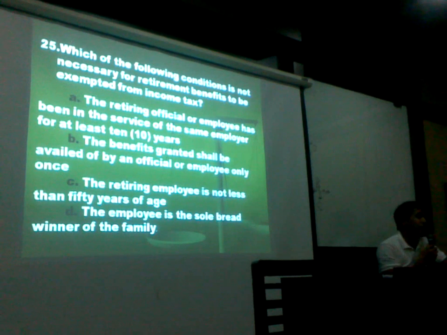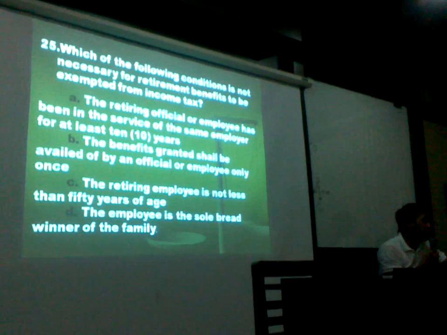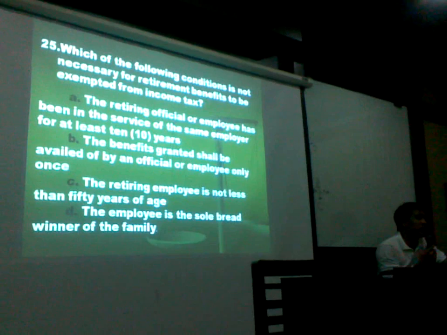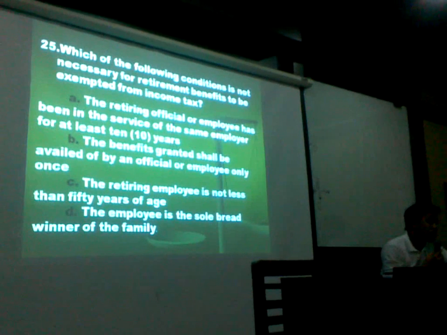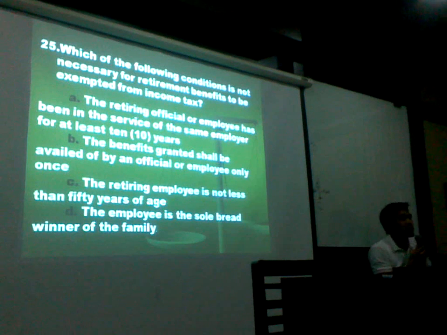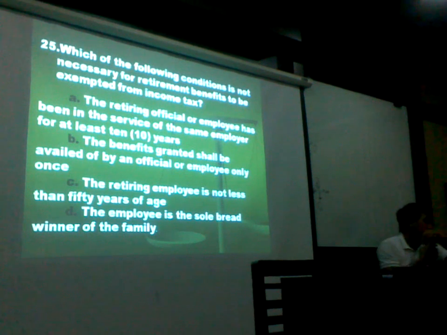Because otherwise, if the retirement benefits received by an employee does not comply with those requisites, such retirement benefits may be taxable for income tax purposes. So, which of these is not a requirement? D. Letter D?